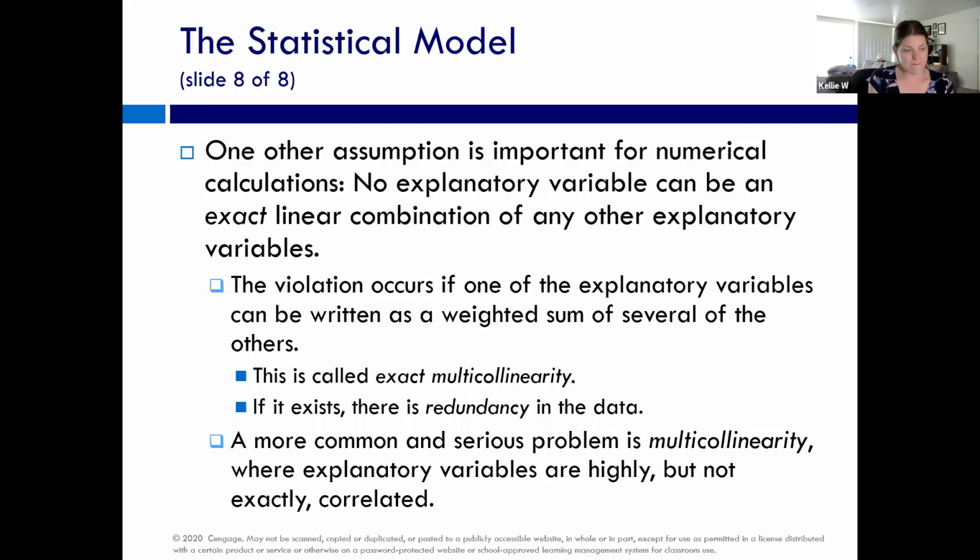So basically, this is a weird way of talking about multicollinearity, but it's saying if you have one variable that can be described by some weighted sum of the others, then you can't use the variable that can be explained by other variables to predict the dependent variable, because then you'd have redundancy in your data.